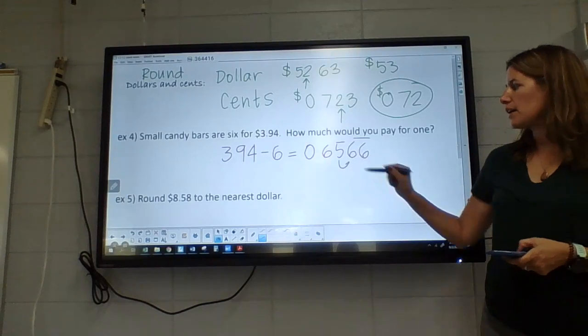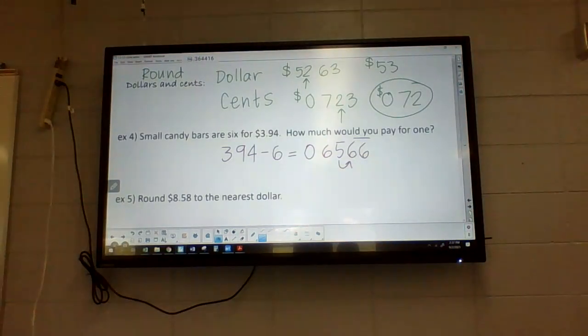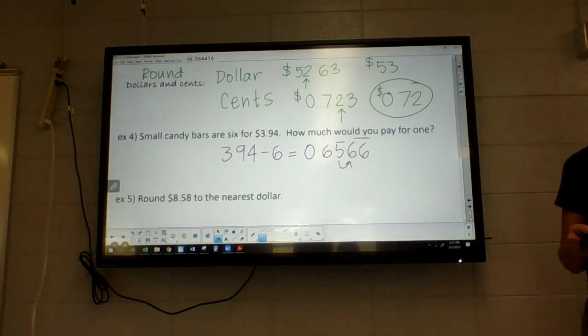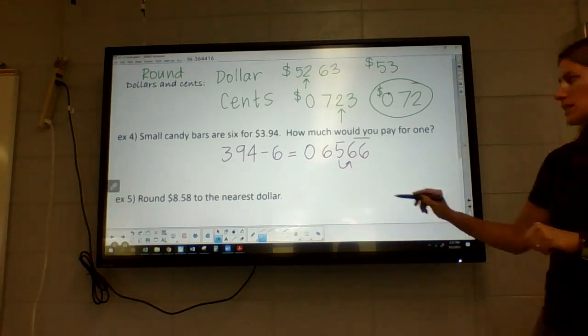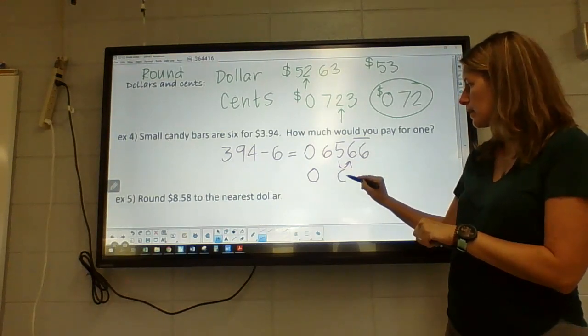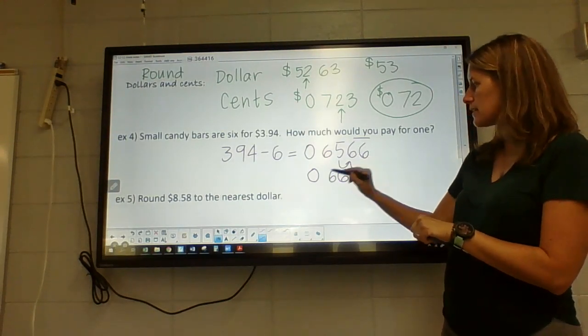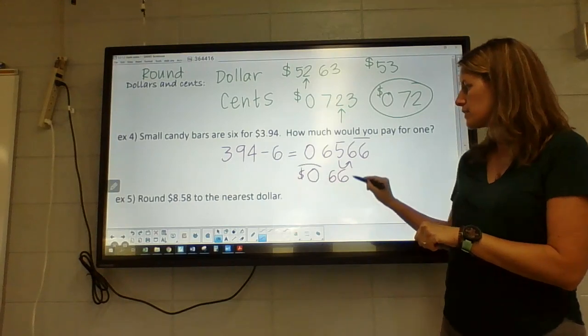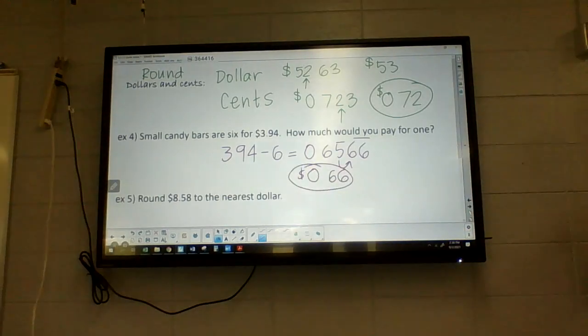So we look at that next decimal point. We want it to make sense in terms of our money. So how much are we going to pay for this? 66 cents. So this one would round up because of the 6 after the 5. So 66 cents would be what we pay for the one candy bar.